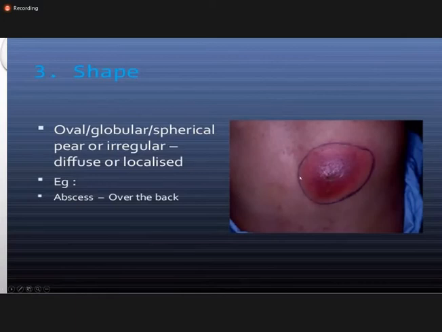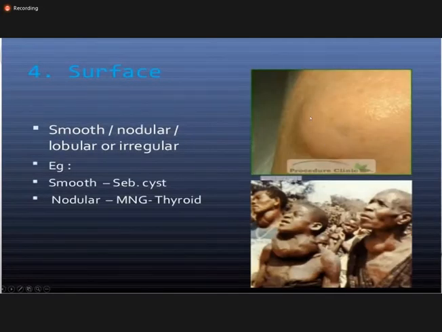We will describe the shape like this is pear shape, or kidney shape or dumbbell shape. Okay? Not yes, it's oval kidney shape like this. Surface. What's the surface of this swelling and what are the findings in this? The second picture.